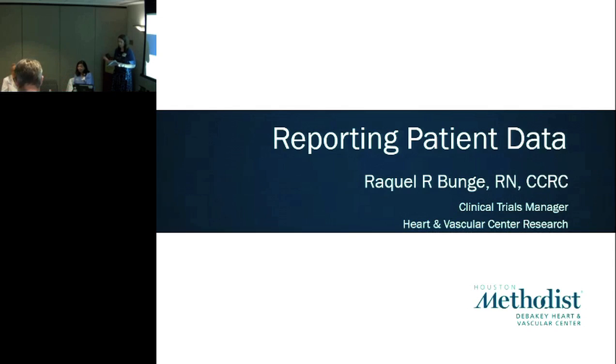She has worked with a biotech company with a liver assist device for acute liver failure patients, and she has also run clinical research activity for the CV anesthesia group in the Fondren Brown OR. In 2008, she joined the Research Institute here, and she is the clinical trials manager for the DeBakey Heart and Vascular Center Research Group.